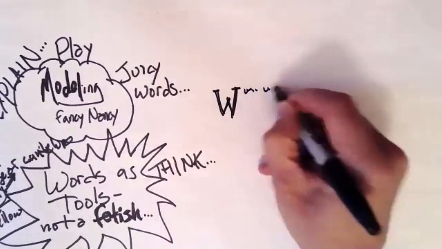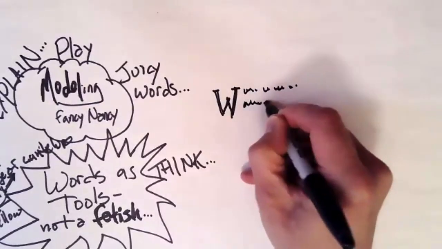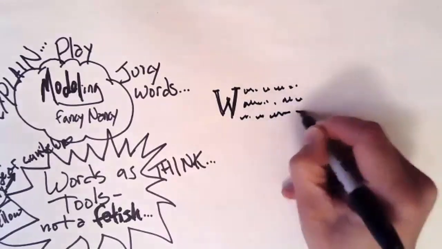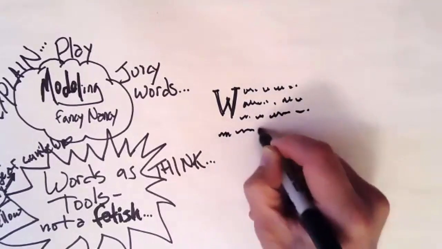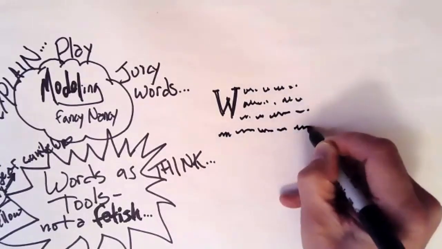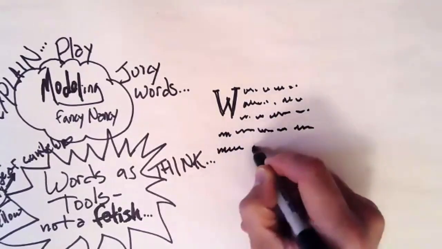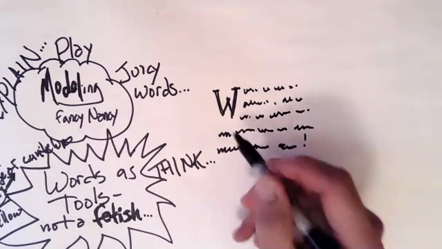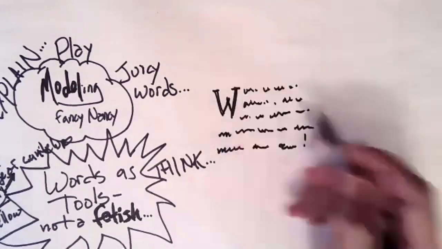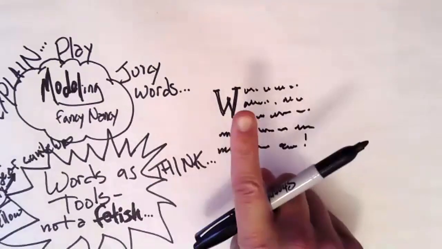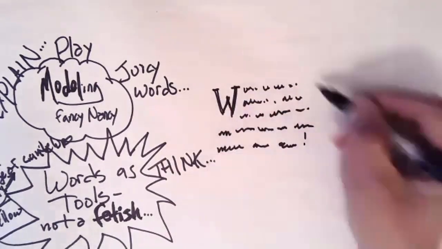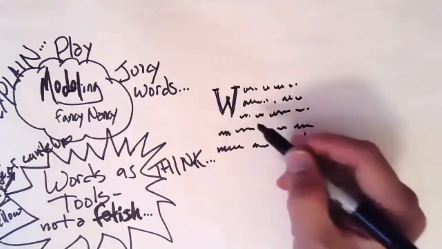So you can write in a paragraph, and this is the way that we normally think we should write about stuff, right? But this paragraph is just one way of formatting your words on the paper.